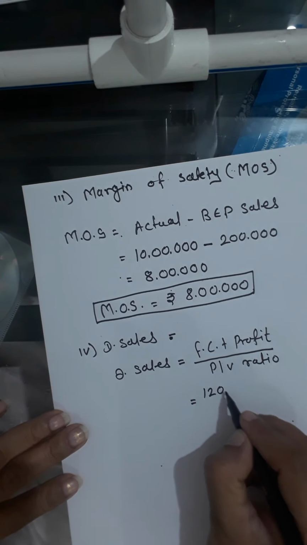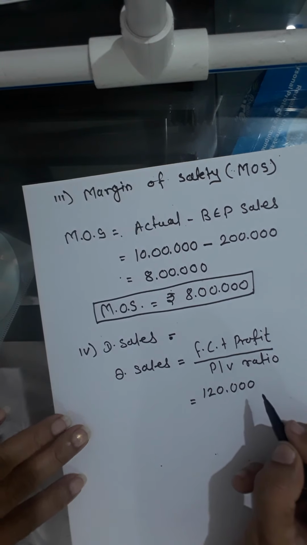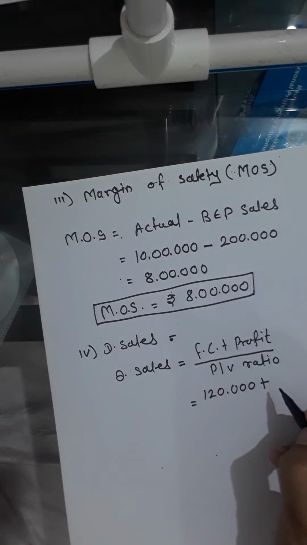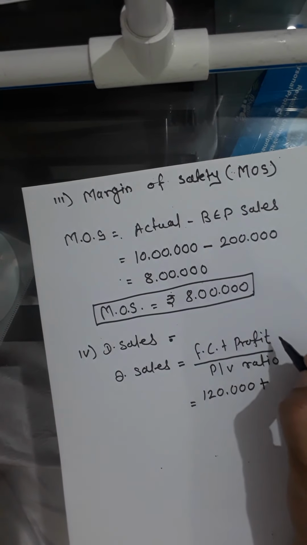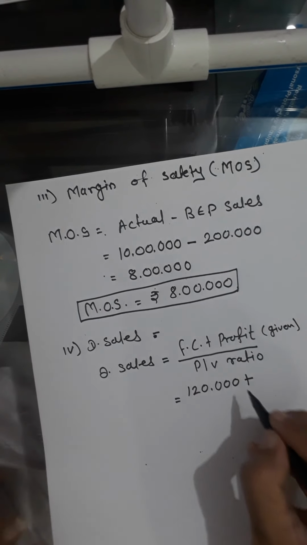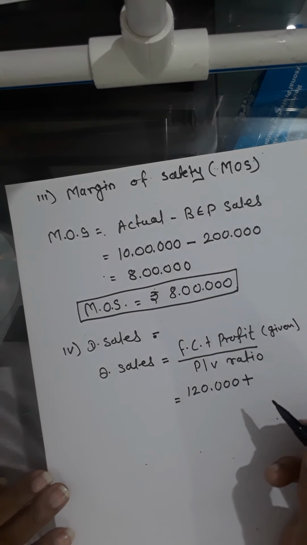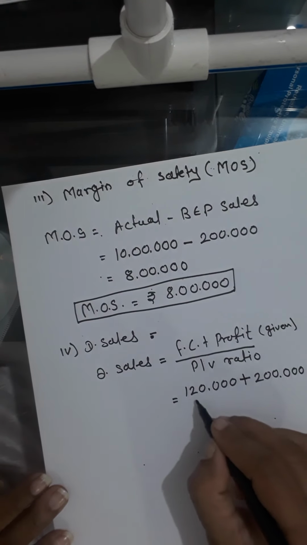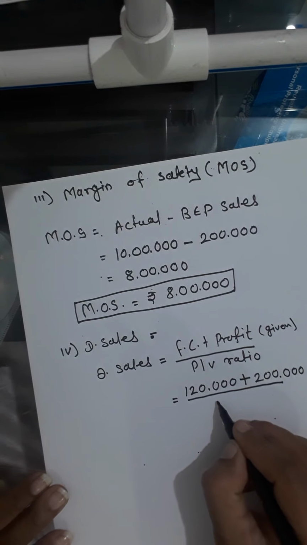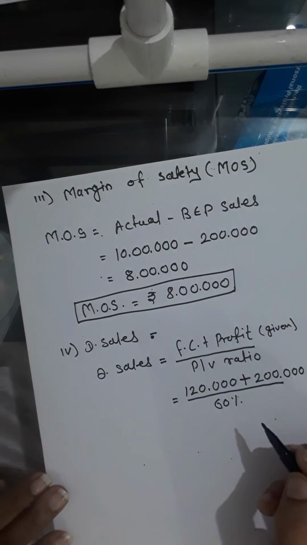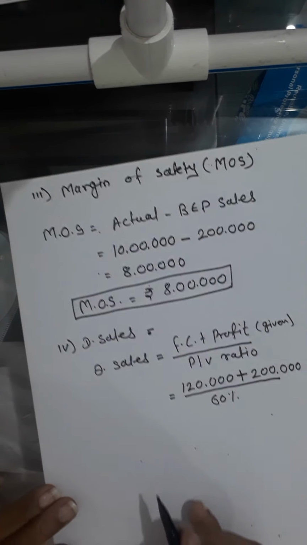Our fixed cost is 1,20,000. And the profit which is given here, that profit is rupees 2 lakh. And PV ratio is 60%.